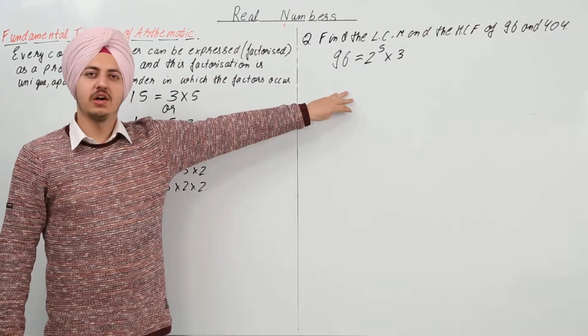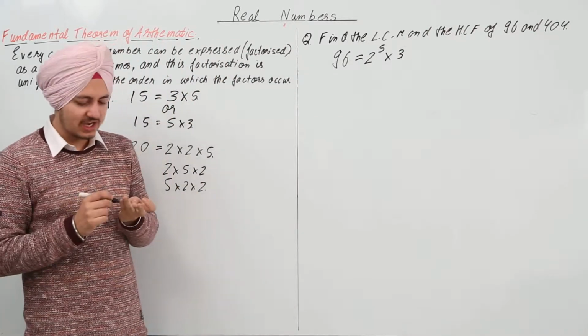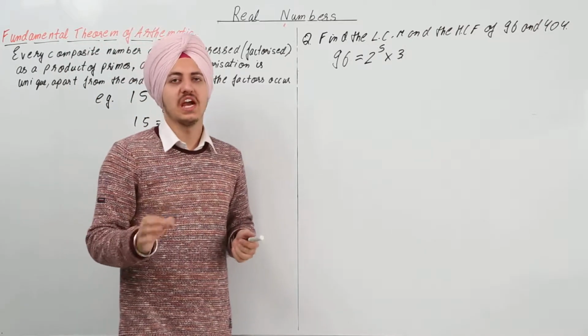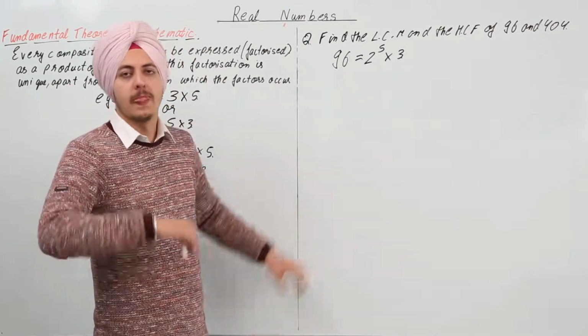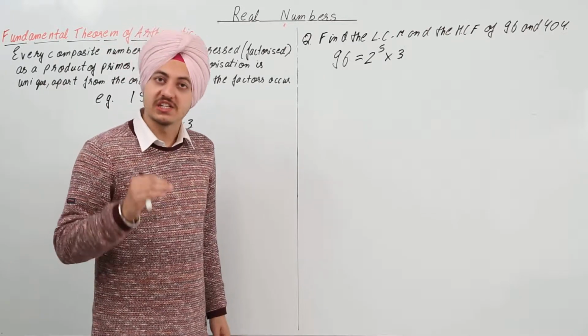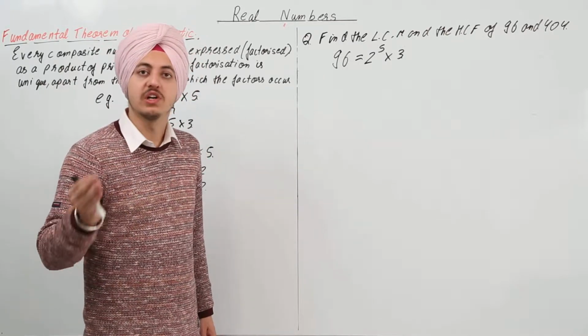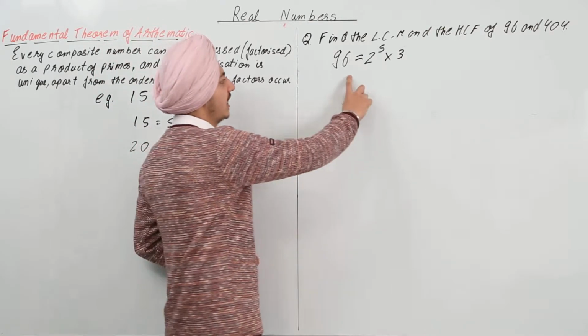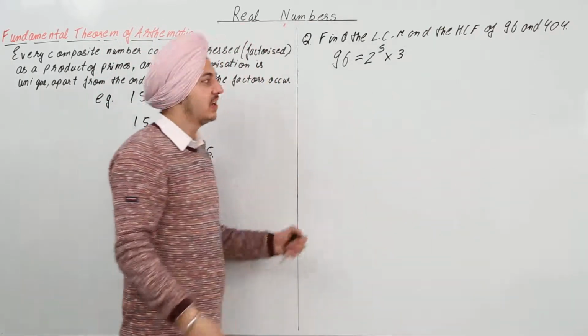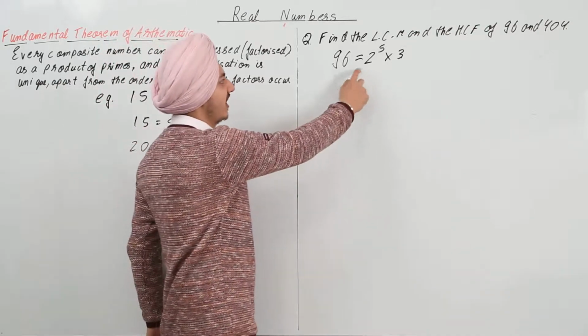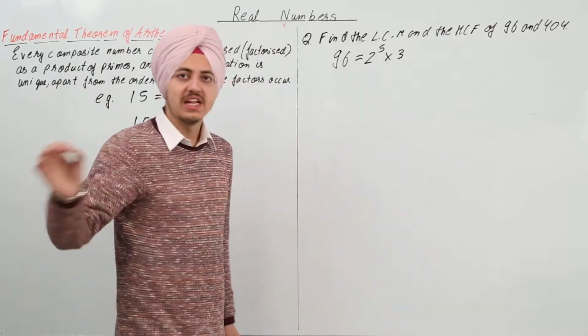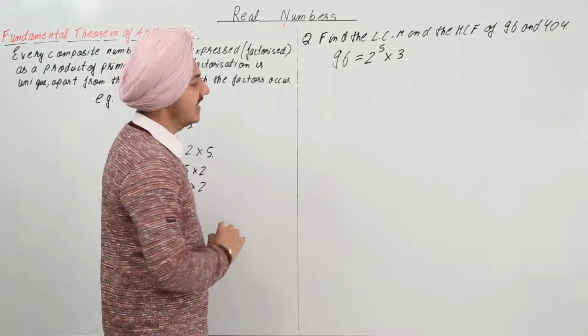You can check it, you can do it yourself. How do we start? We first see if the number is divisible by 2. This number is divisible by 2. The next number is 48, it is still divisible by 2. So the next number is 24, it is still divisible by 2. So we keep writing 2, 2, 2, 2, 2, and then in the end 3 remains, so we write 3. So this is 2 raised to power 5 into 3, that is the expression of 96.